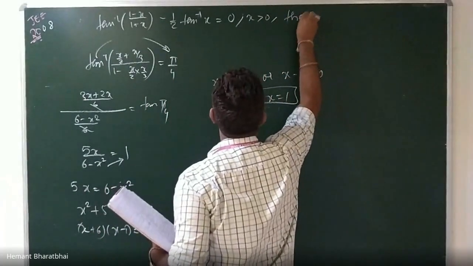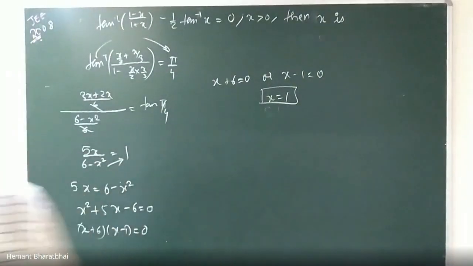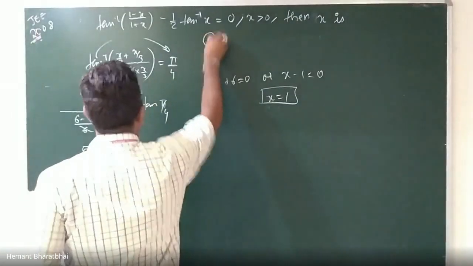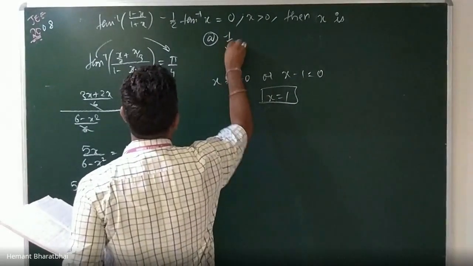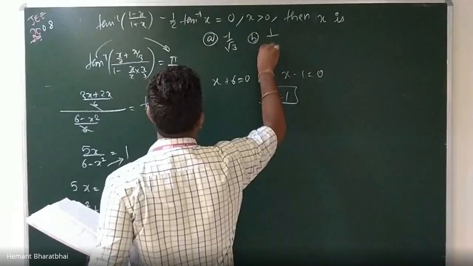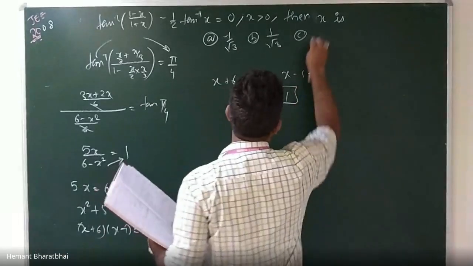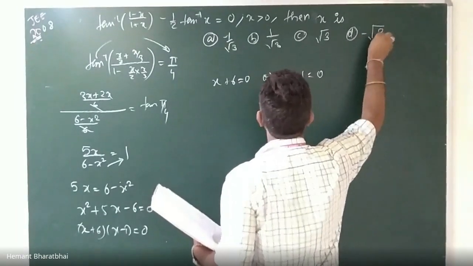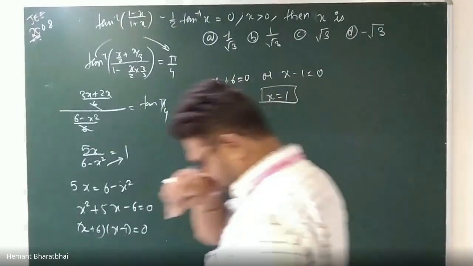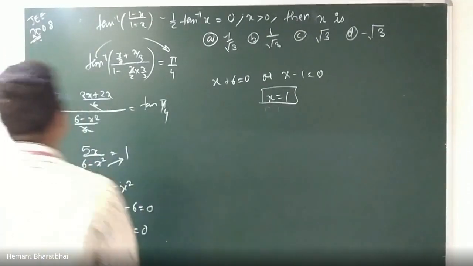Then the value of x is: option A is minus 1 by root 3, option B is plus 1 by root 3, option C is root 3 and option D is minus root 3. Try to solve this.